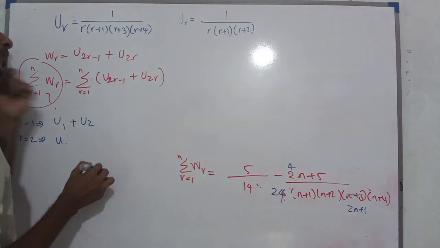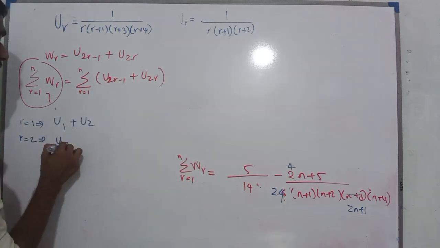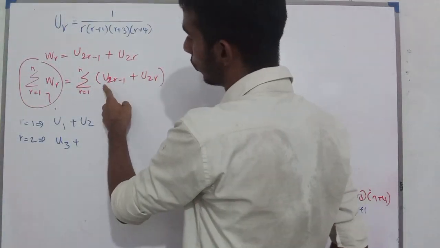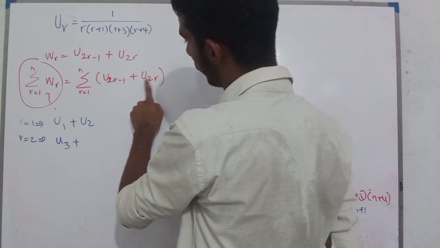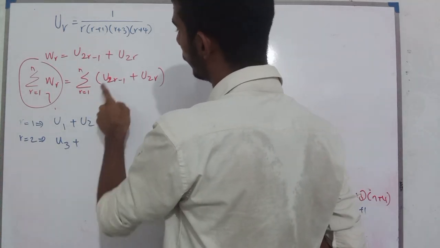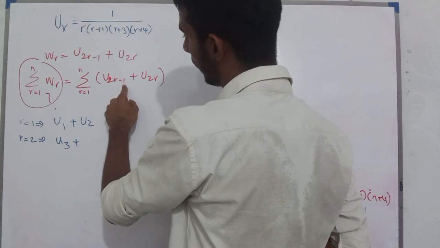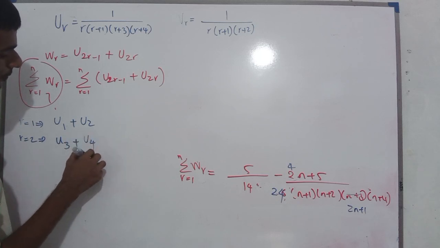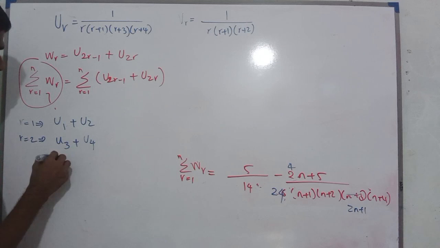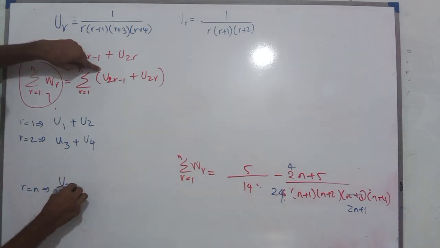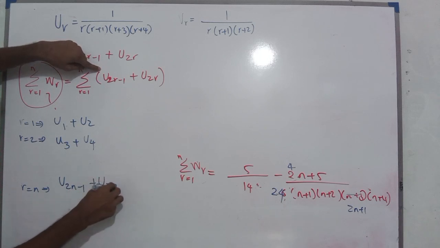When r is equal to 2, 2 into 2, 4 minus 1, 3, so u3 plus u4. Likewise, when r is equal to n, u_(2n minus 1) plus u_2n.